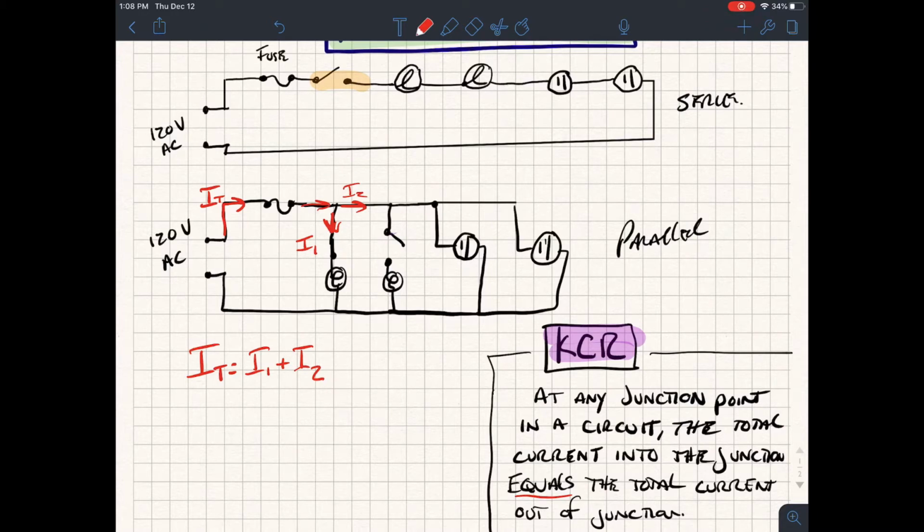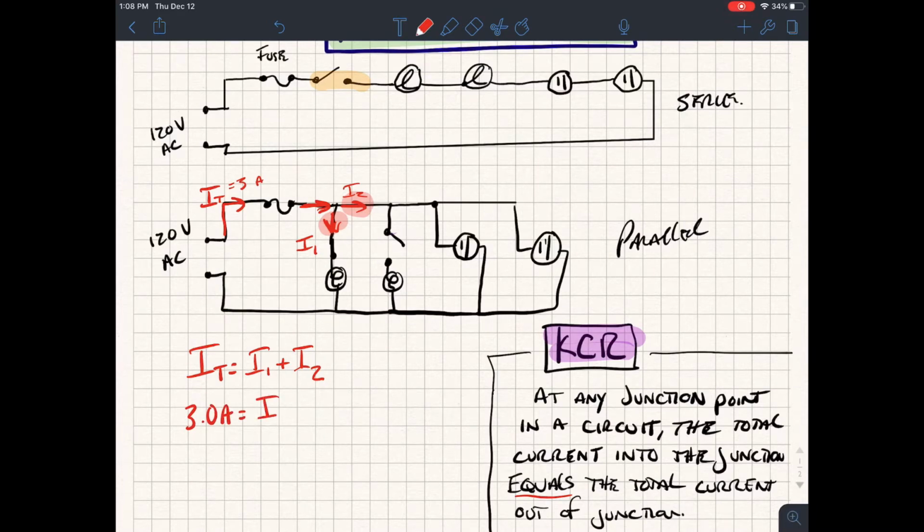So if this was 3 amps, not 30 amps, if this was 3 amps coming into the junction, then the sum of this plus this must equal 3 amps. So 3.0 amps going in.